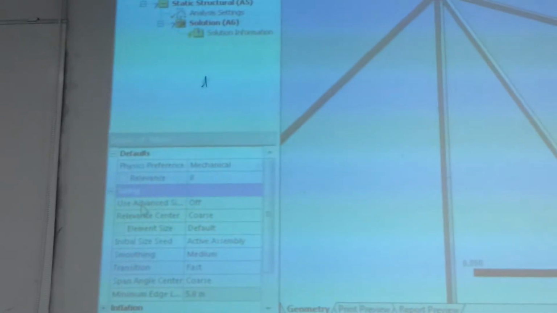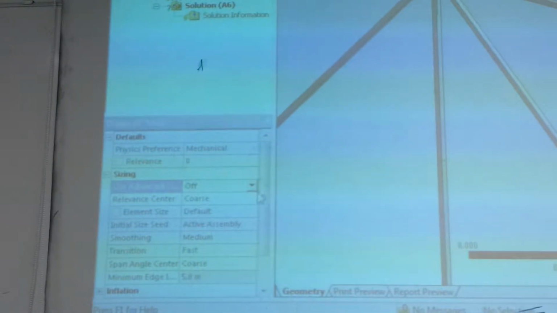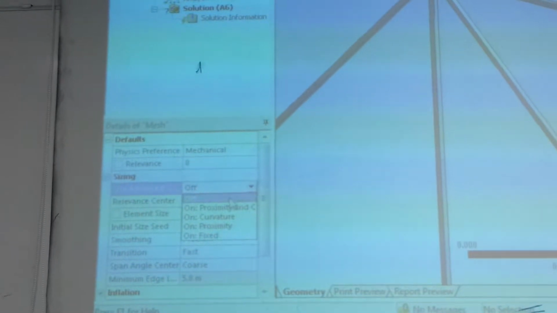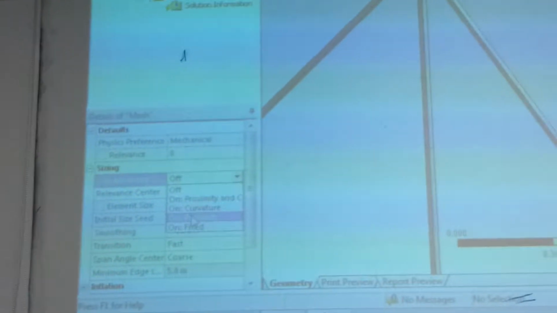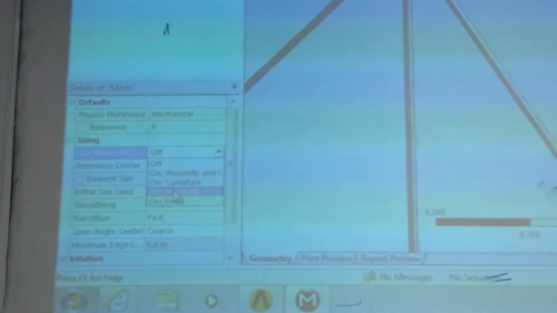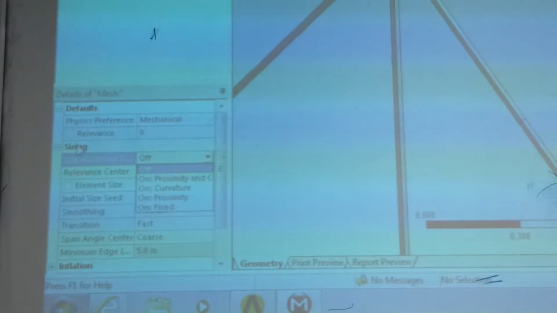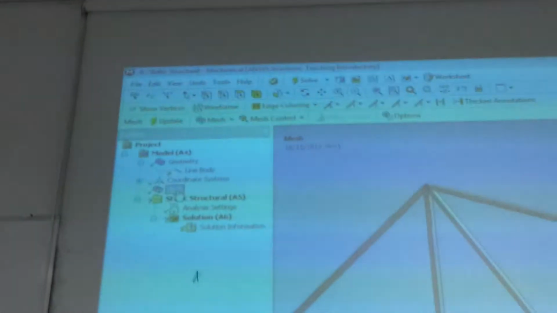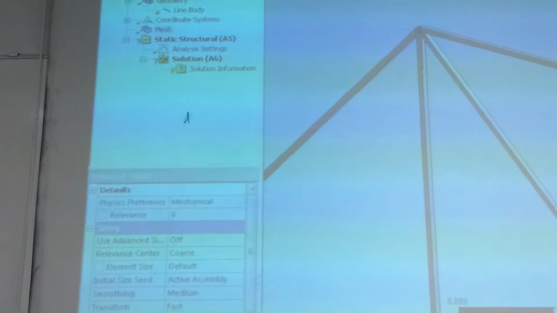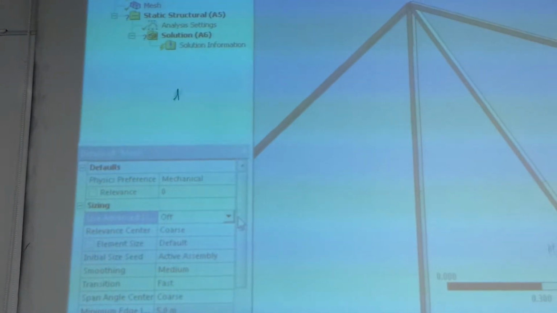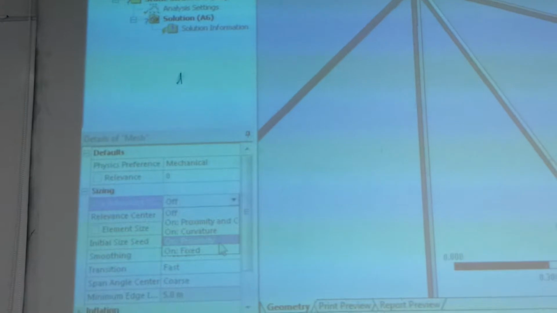That you can use an advanced method in meshing and use, for example, a proximity sizing. I am in the meshing, sizing, and I'm giving them a proximity.